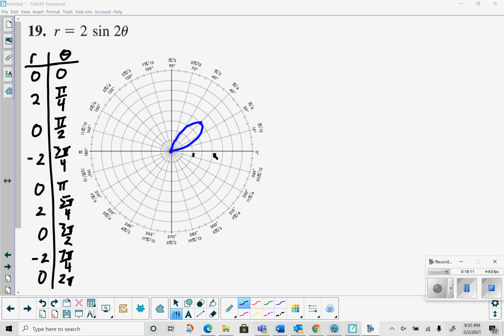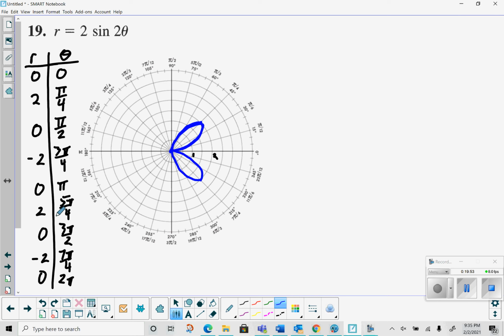So again, we'll get this pattern here. If we do just multiples of pi over 4, well, we go from 0 to 0, negative 2, 0 to 0, negative 2, 0. So the actual order that happens when you graph this, because for 3 pi over 4, instead of coming forward 2 spaces, we have to go backward 2 spaces. We actually draw this one in first quadrant, and then this leaf gets drawn in what was formerly known as the fourth quadrant.